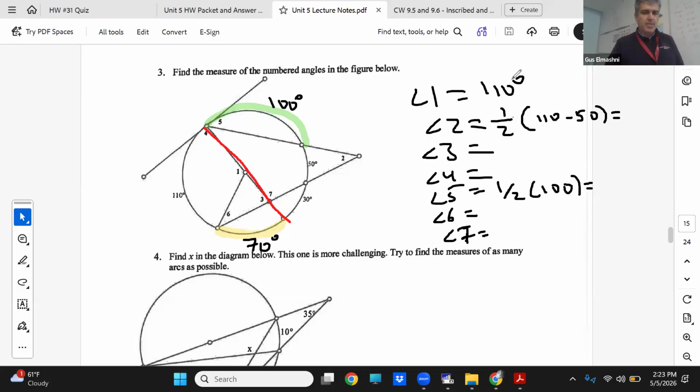Angle 1's pretty easy, right? You guys see that? Okay, cool.